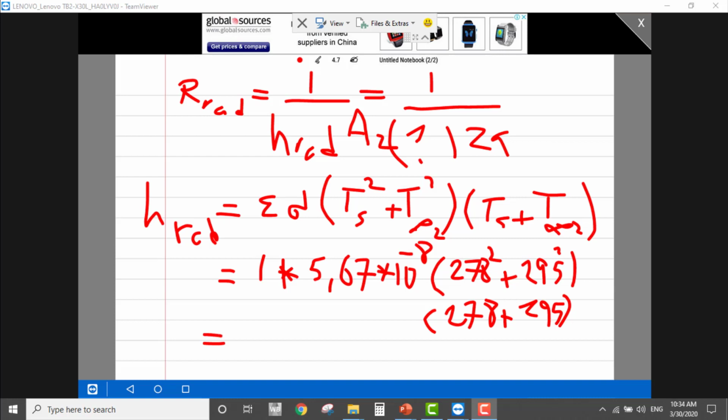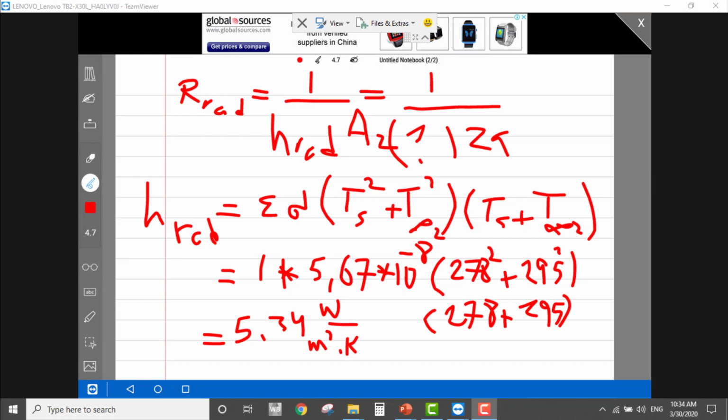Okay, so if you use your calculator, you will get 5.34 watt per meter squared Kelvin, either Celsius or Kelvin, it does not matter. So let me write Kelvin.